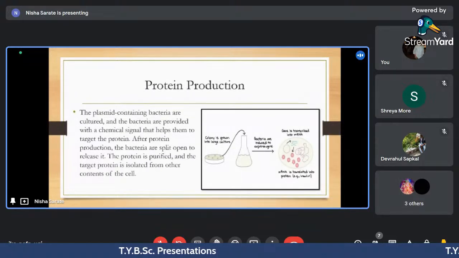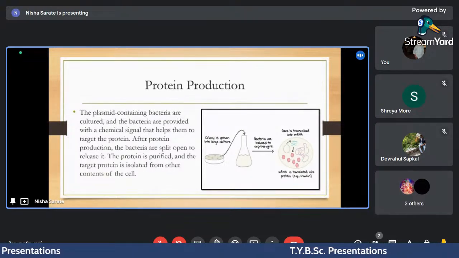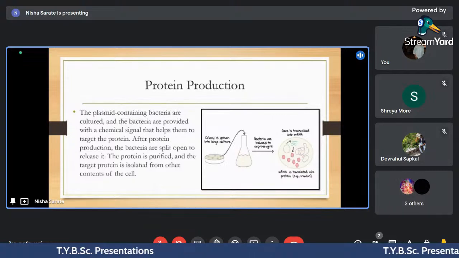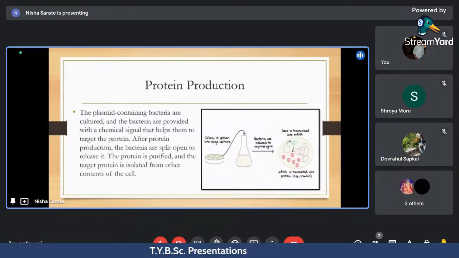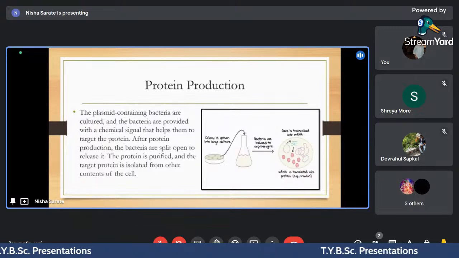The last step is protein production. The plasmid containing bacteria are cultured and the bacteria are provided with a chemical signal that helps them target the protein. After protein production, the bacteria are lysed to release it. The protein is purified and the target protein is isolated from other contents of the cell.